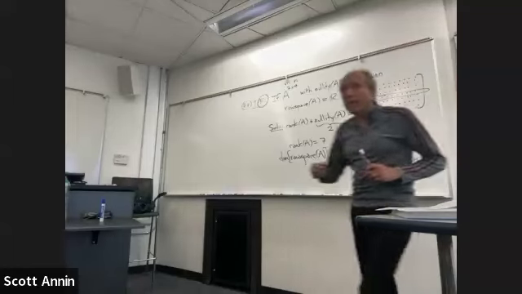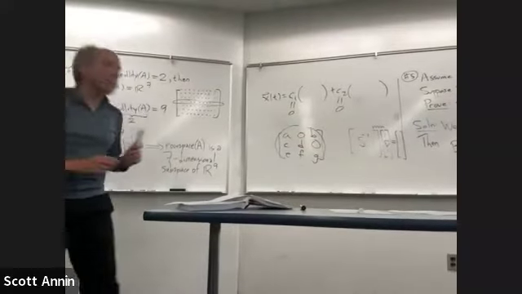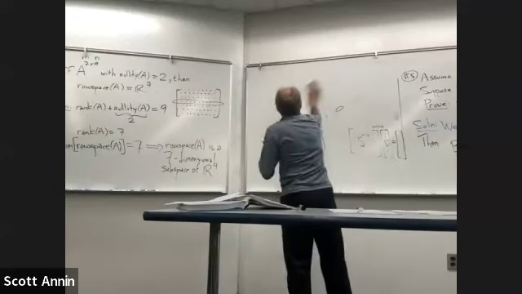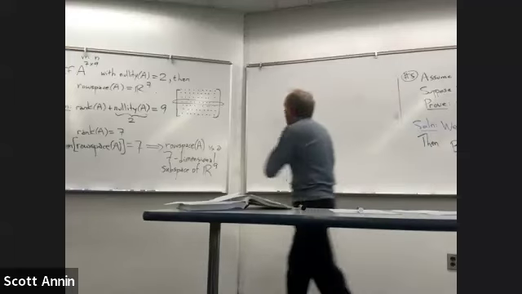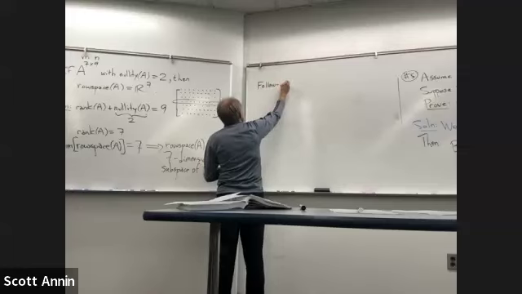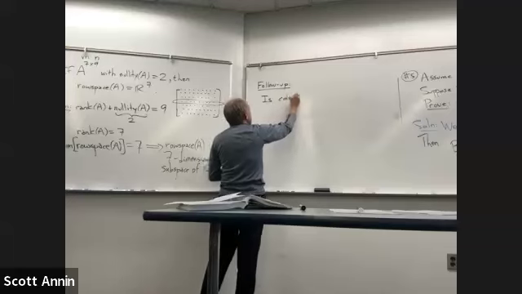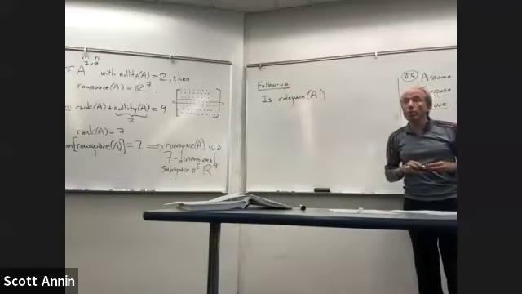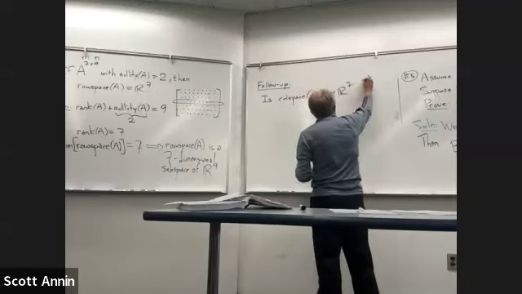As a quick follow-up, as long as I'm thinking about it, what about the column space of A? Let's just tack this on as a quick little follow-up question. Is the column space of my 7x9 matrix with nullity of 2 equal to R7?